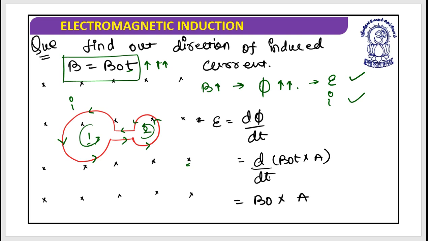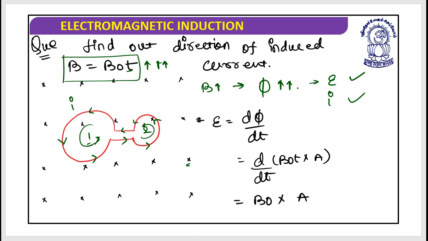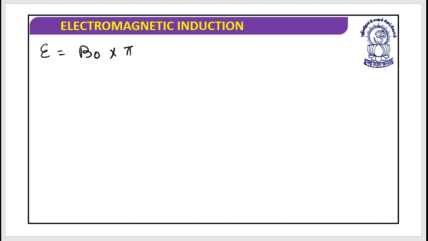This area, let's assume this has radius R1, assume this has radius R2. So their area would be equal to pi into R1 square plus R2 square.